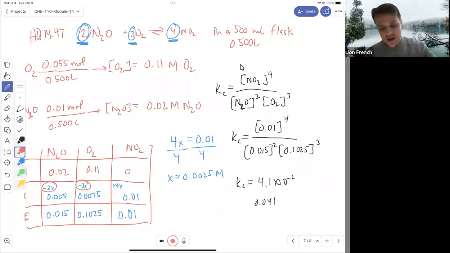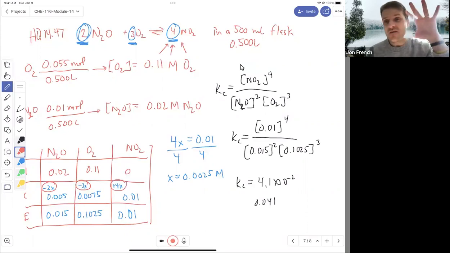And again, based on stoichiometry, that's going to make 4x of the nitrogen dioxide. So, okay, I started at 0, I ended at 0.01. The change is 4x. So whatever 4x is, it must equal the 0.01 molar. And then I divide by 4 to find out what is x.